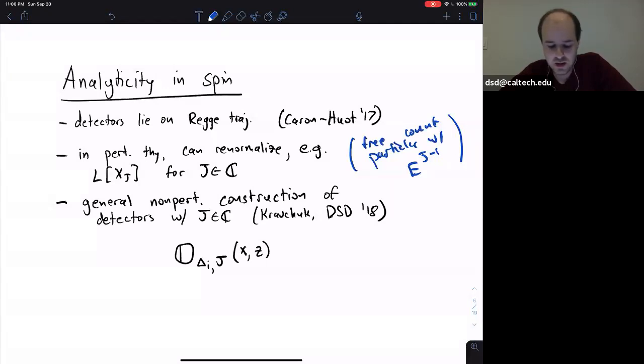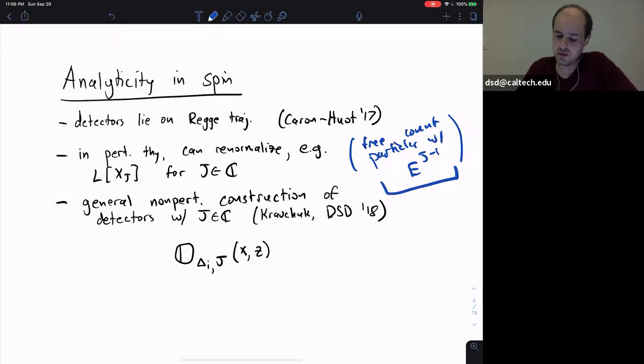The surprising thing about this claim that detectors lie on Reggeized trajectories is that you should be able to renormalize even a detector with a complex non-integer value of j. So if you write down this detector that in the free theory counts particles with powers of e to the j minus 1, where j is a complex number, you should be able to define the detector in a careful way so that it makes sense even in an interacting theory.